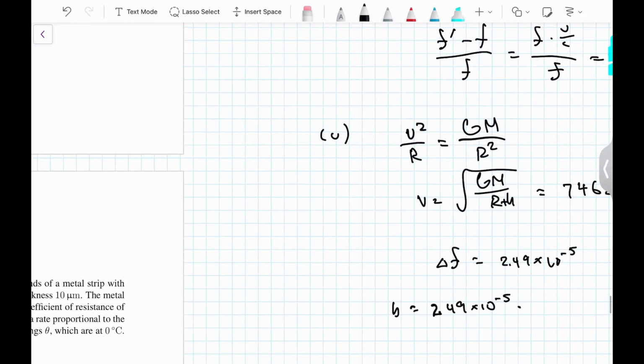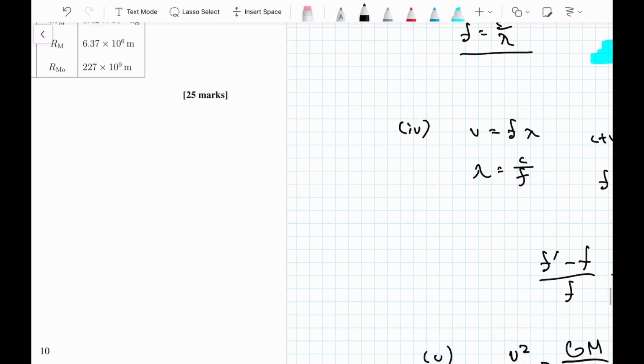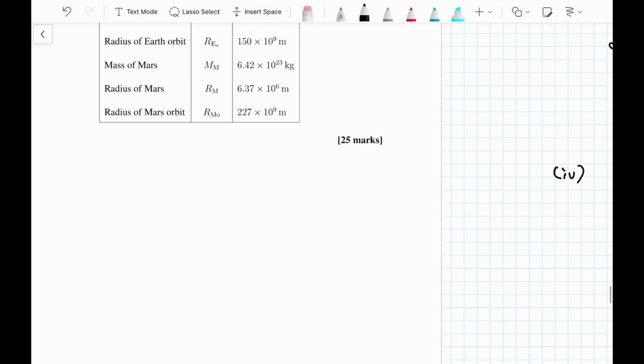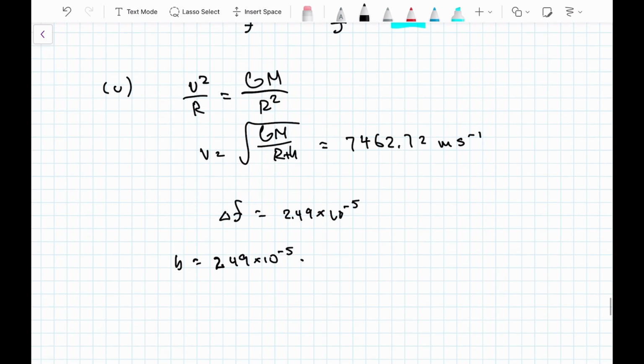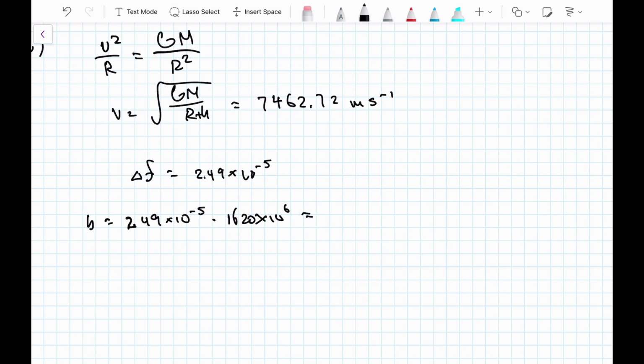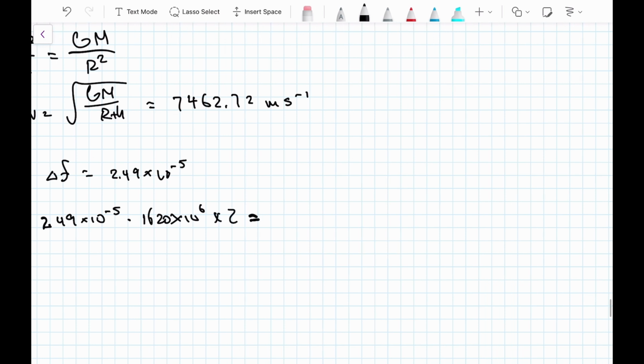The initial frequency is given over here, 1620 megahertz, times 10 to the 6. Now, it's a fractional change, so there is recession, and then the satellite can also approach. So suppose this fractional change multiplied by 2 for the bandwidth.